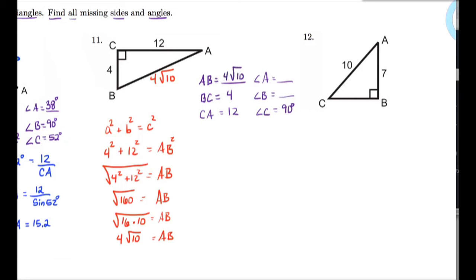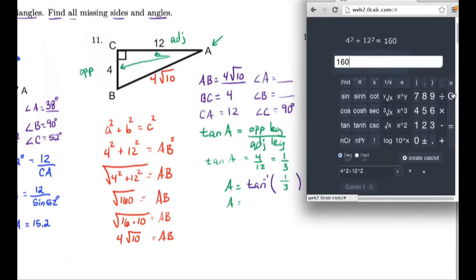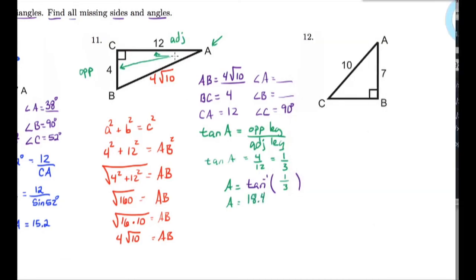Now to solve for angle A and angle B, I can use tangent for both because I know the opposite and adjacent legs for both. And I can solve these by using the inverse tangents. So angle A will be the inverse tangent of 1/3. Angle B will be the inverse tangent of 3/1.